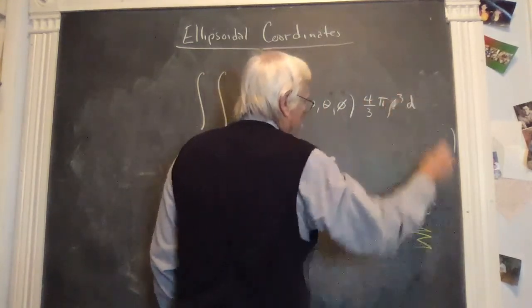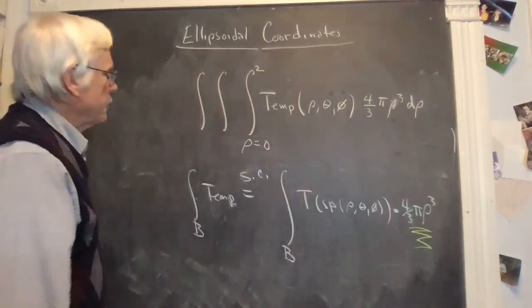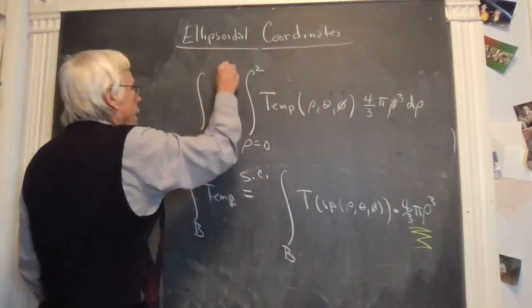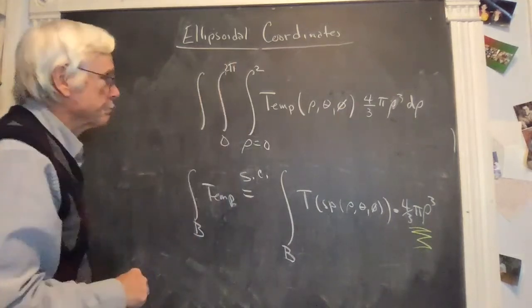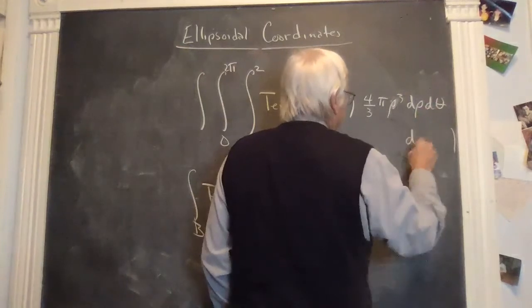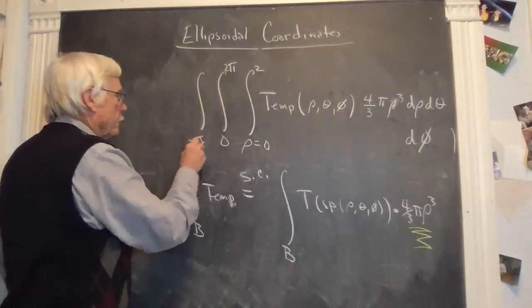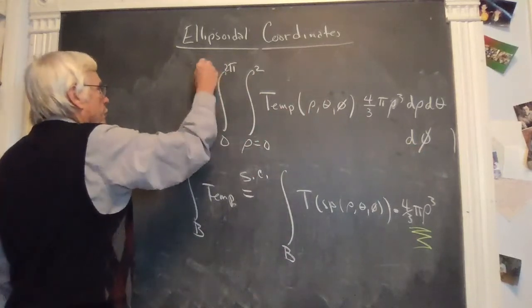This should be rho cubed d rho. Theta will go between 0 and 2 pi. And phi will go between minus pi over 2 and pi over 2.